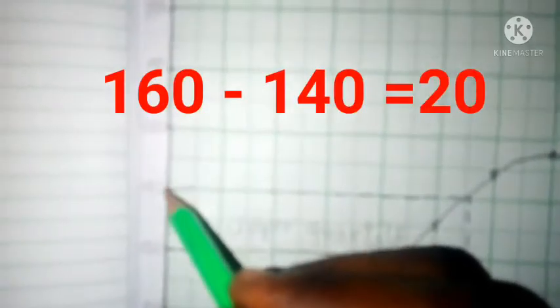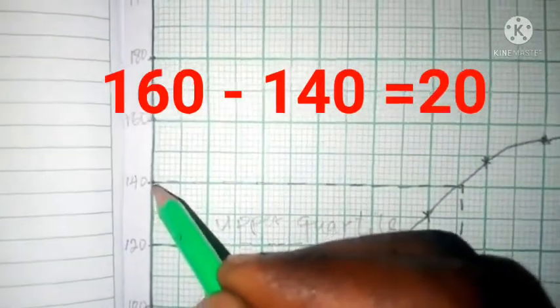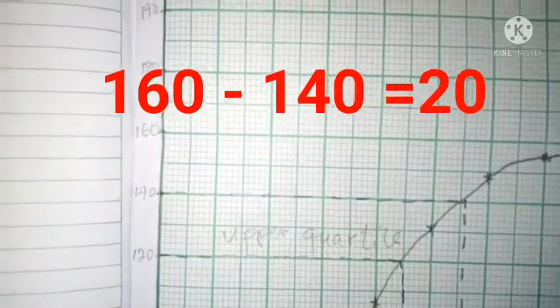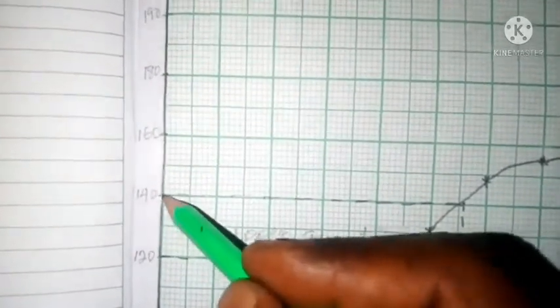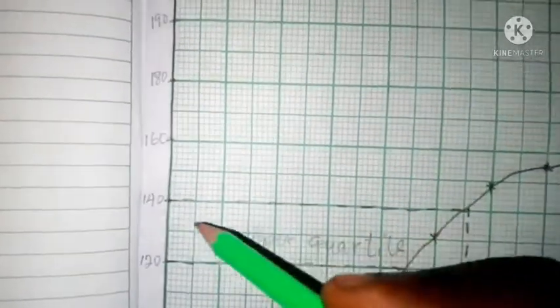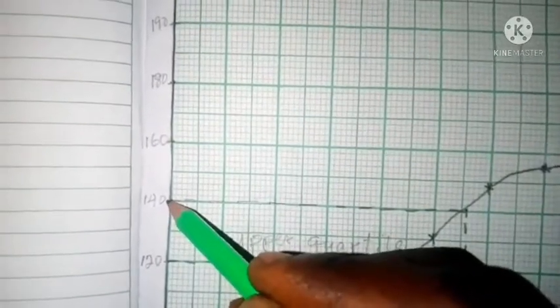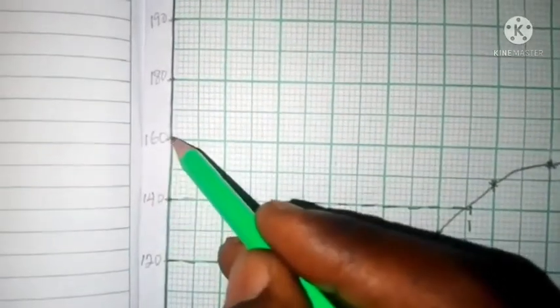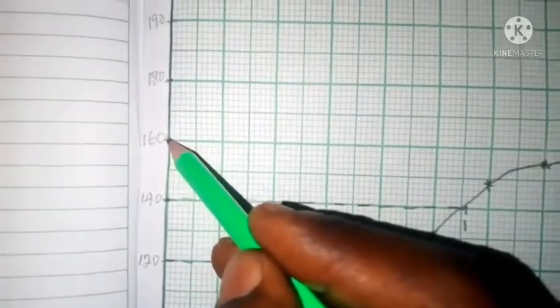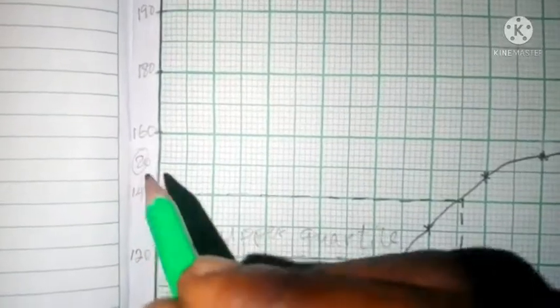That minus that will give me 20, because the question says from 65 marks upward. Here are the people who score 65 and upward, and we end at 160. The difference between the two is 20. So 20 people score at least 65 marks.